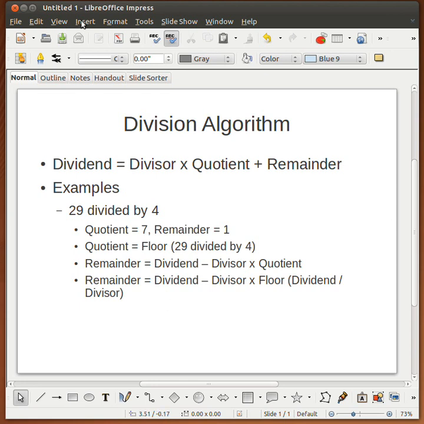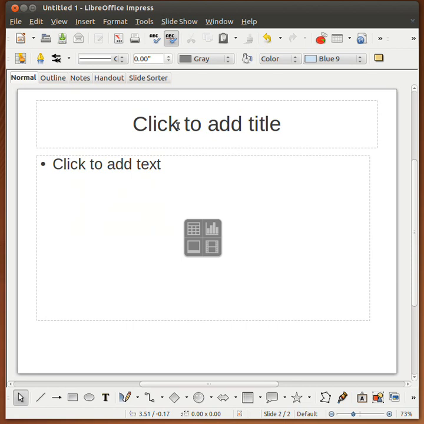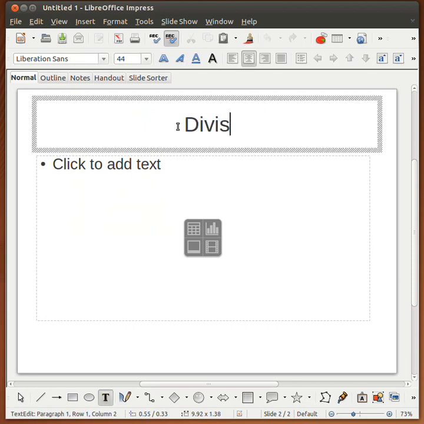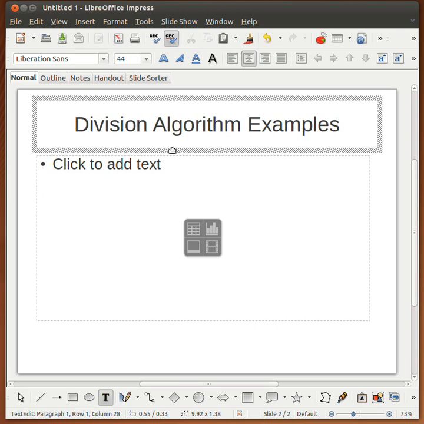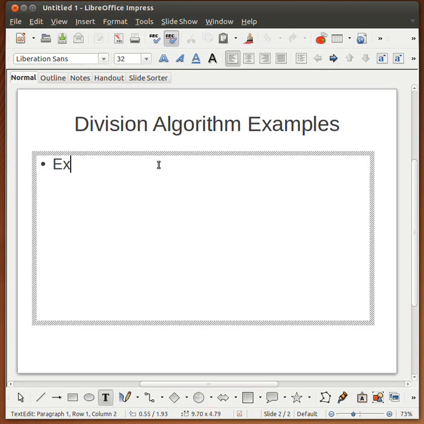So let me please insert the next slide, and here I will put example 2. This time it will be negative 29 divided by 4.